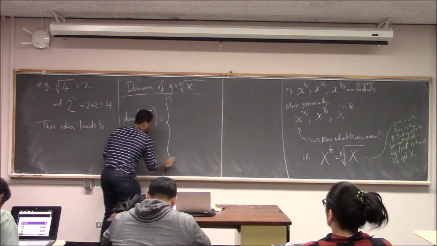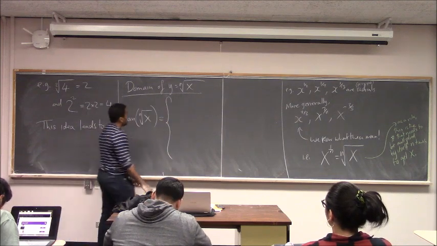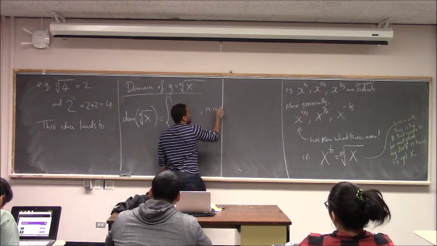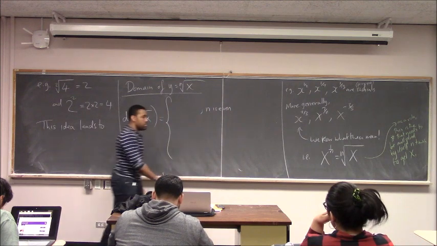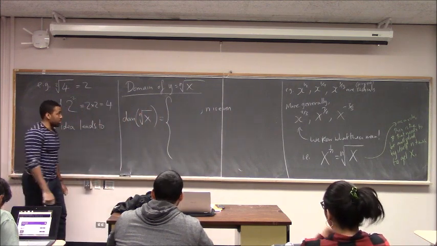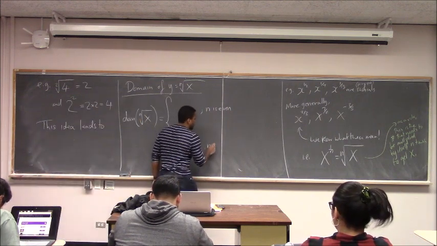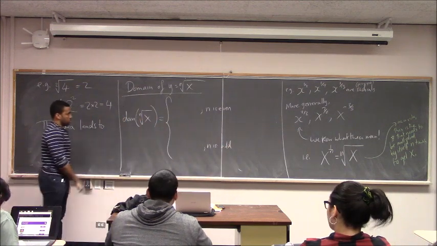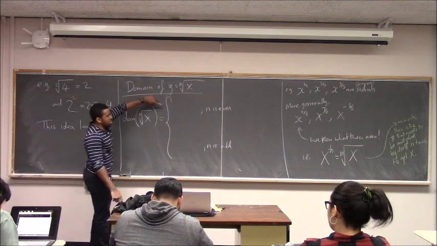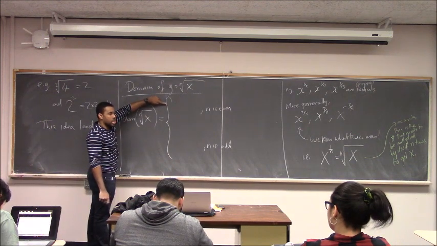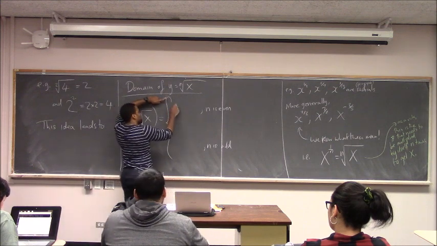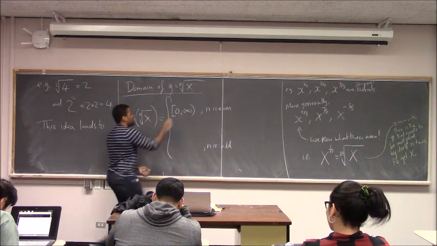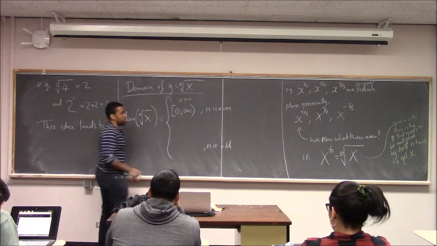This is going to be cut in two. And it's going to depend on if n is even, because if you're multiplying a bunch of even things, you'll always get a non-negative answer versus if n is odd. So because if n is even, you'll always get a non-negative answer. Only the non-negative outputs are allowed here. So that means 0 to infinity. Or in other words, x needs to be greater than or equal to 0 for that to work.